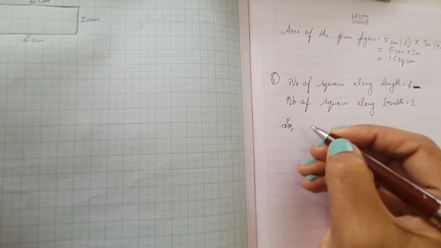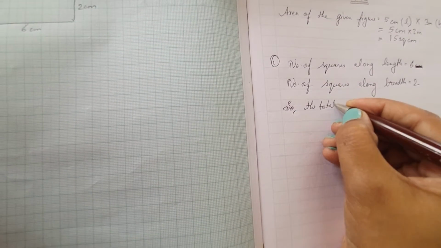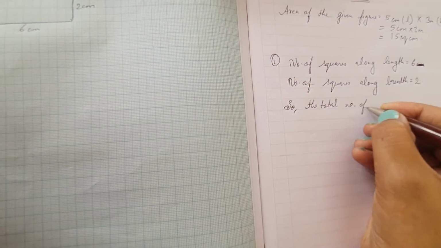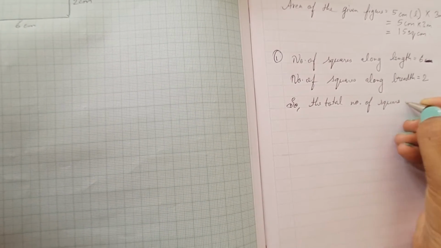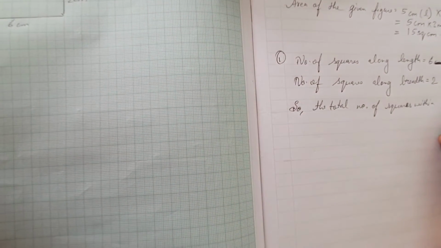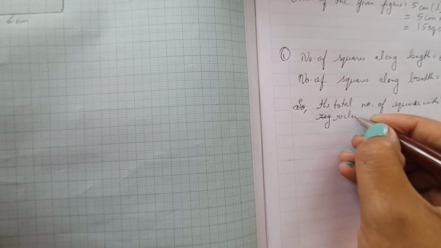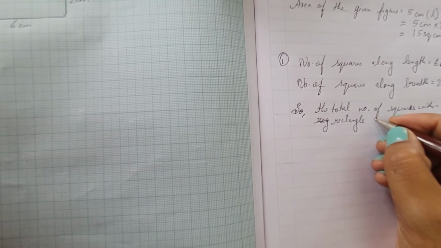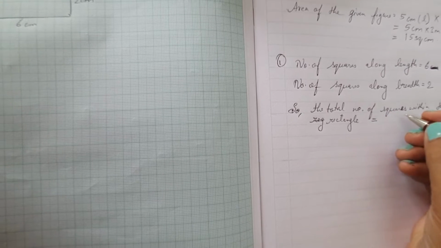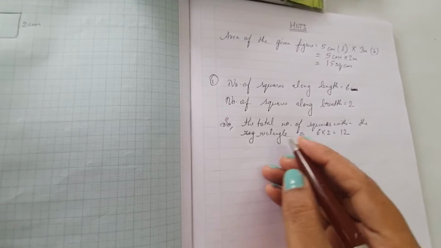So the total number of squares within the rectangle is equal to 6 into 2, that is equal to 12.